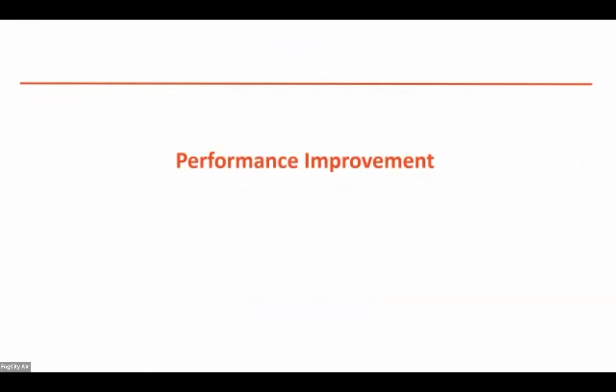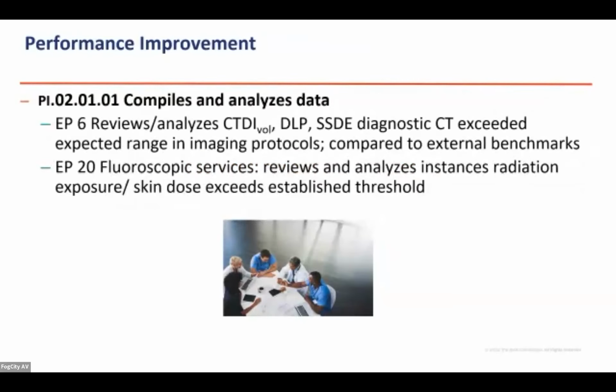Performance improvement. So we have a couple of standards that deal with more data that you ought to be looking at. So EP6 says that, remember that range that you created in your protocols for the CTDI, DLP, SSDE, whatever you're using, that when you exceed that range, either on the low or the high end, and for the kinds of exams that were outside your range, that by looking at some external benchmarks, you're looking to see why that happened.